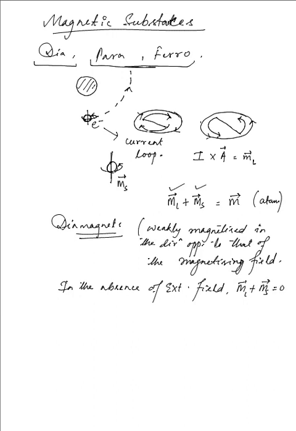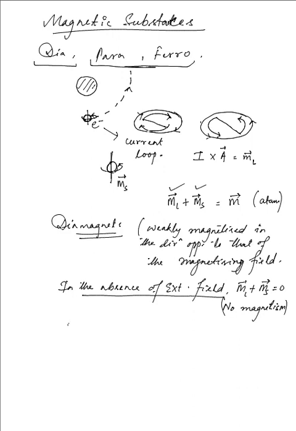That means they are directed in opposite directions. So they add up to cancel out each other, and hence there is no magnetism. It exhibits no magnetic character in the absence of the external field.